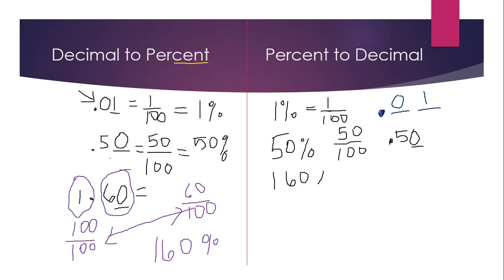Okay? So let's continue with 160%. Okay, that percent is a fraction out of 100. That never changes, even if my numerator is big. 160 over 100. Whoa. Okay, now that this is happening, we can't freak out. Well, we know that 60 hundredths would look like this.